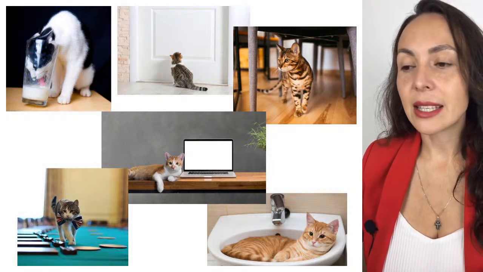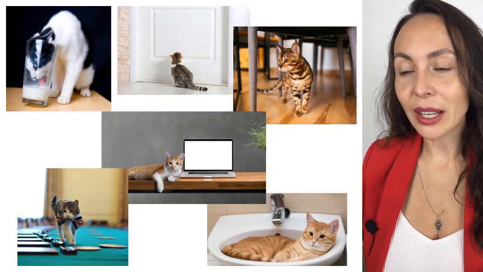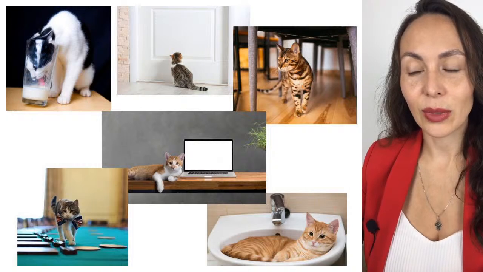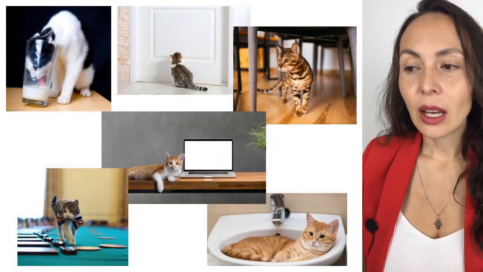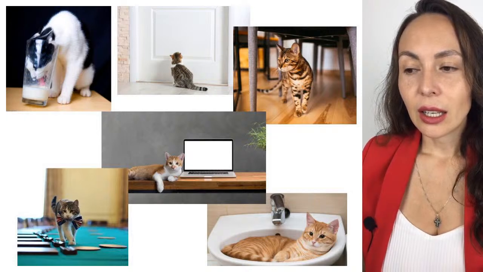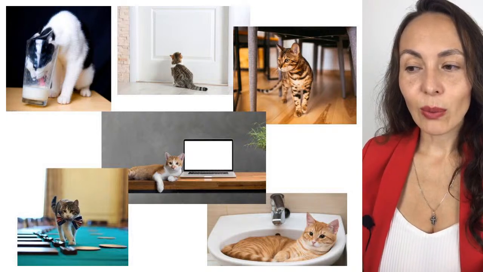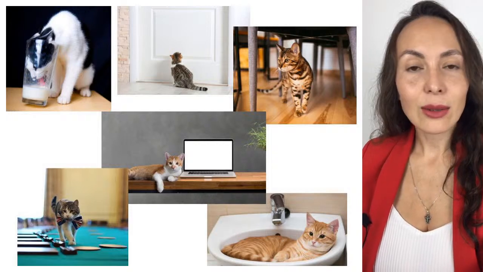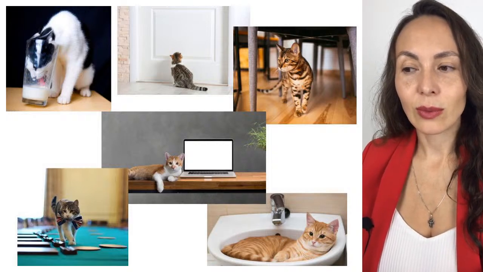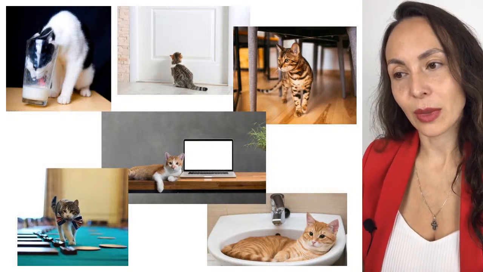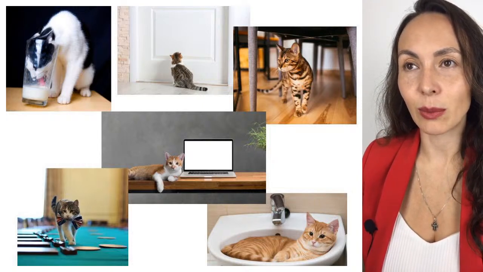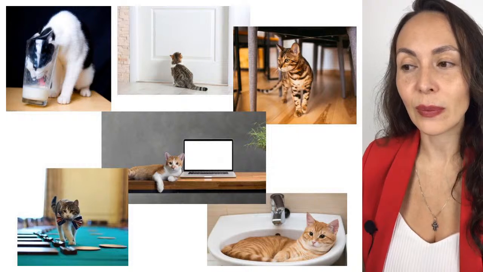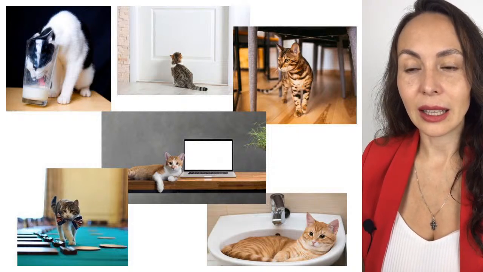Now, let's get back to our cats. They're still here. The cats. So, these situations on the pictures, the cat is drinking milk, the cat is sitting in front of the door, laying on the table, and so on.